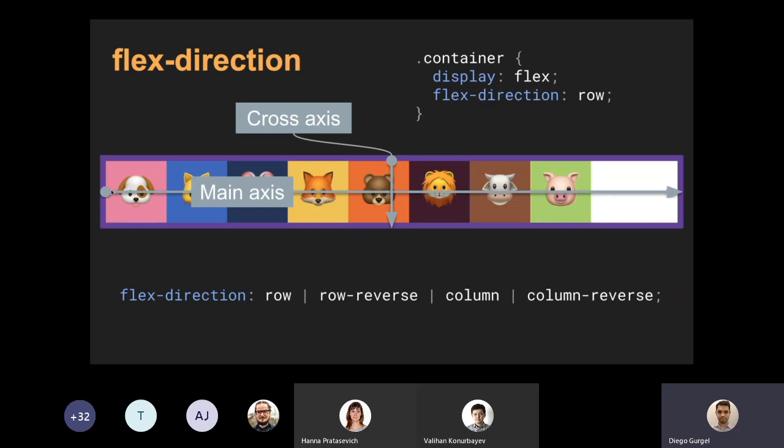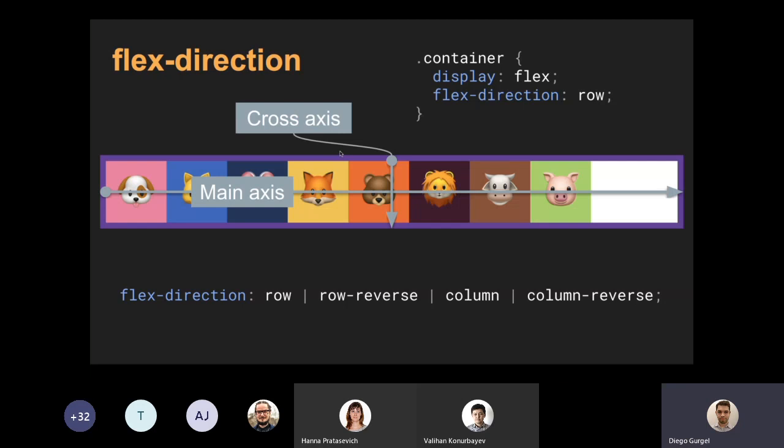So we have our main axis, and the main axis means from where to where the elements will flow inside of the flex container. So when we set the direction as a row, the things will go from left to right.